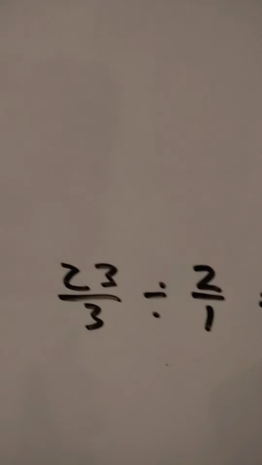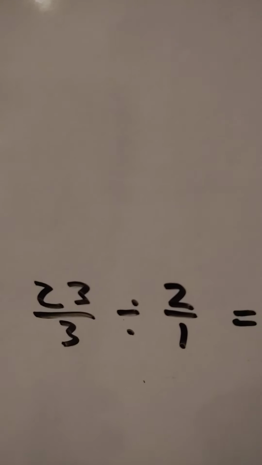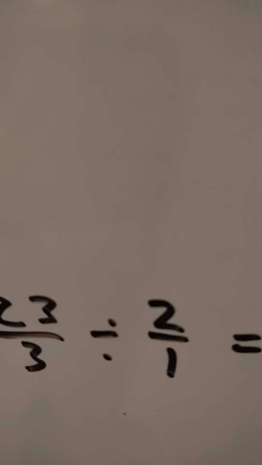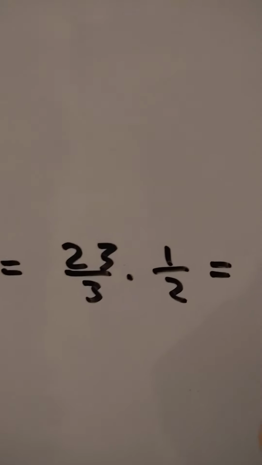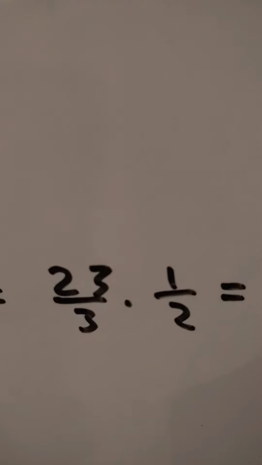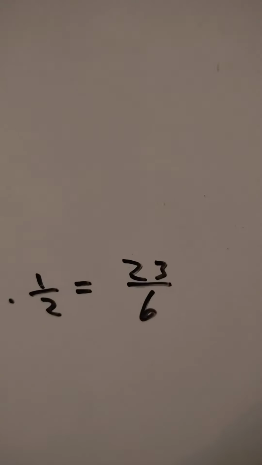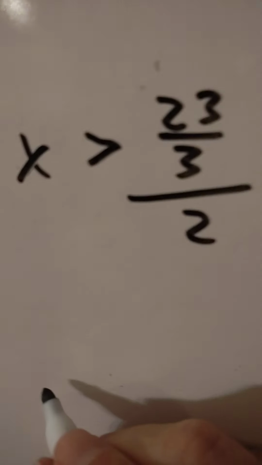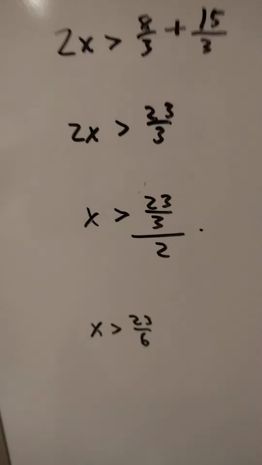Isn't that going to be write down the first fraction, 23 thirds, change the divide to times, and take the reciprocal of the second fraction. And then we know how to multiply fractions. You don't need a common denominator when multiplying fractions. Multiply straight across. Numerator straight across, denominator straight across. So we have that. So I'm going to go over here and then simplify. So we get x is greater than 23/6. That's one answer.